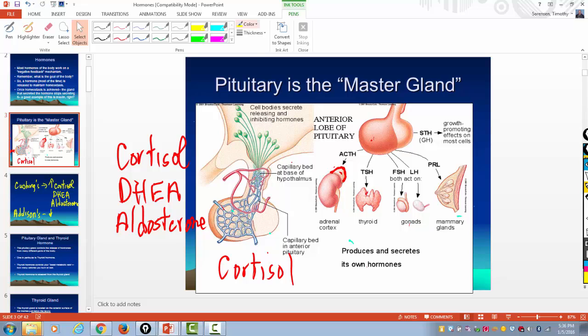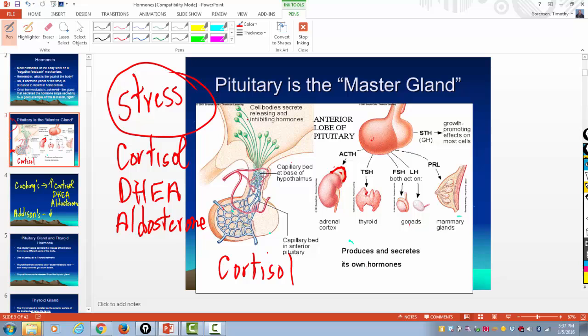One of the big things that causes the release of hormones from the pituitary is, of course, stress, which you are feeling probably right now. You're in clinical, trying to figure this out. What's going on? Them Duke boys, they got my money. I mean, it's crazy. So one of the things that will cause the release of cortisol from the adrenal cortex is stress, and chronic stress, like being in a class for 15 weeks, trying to figure this stuff out.